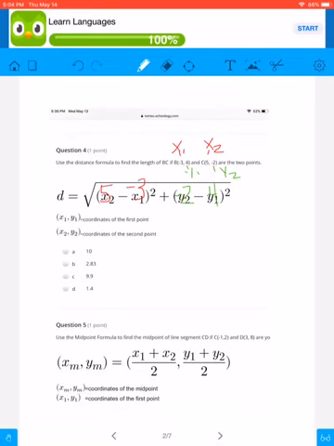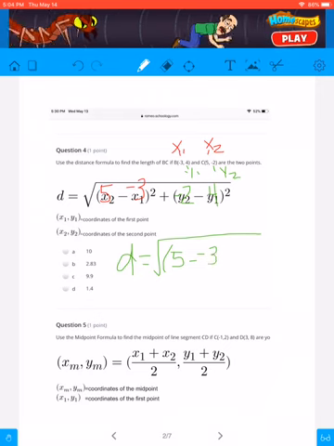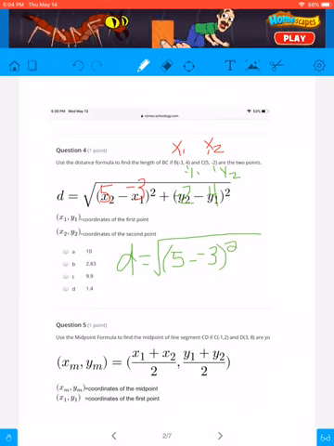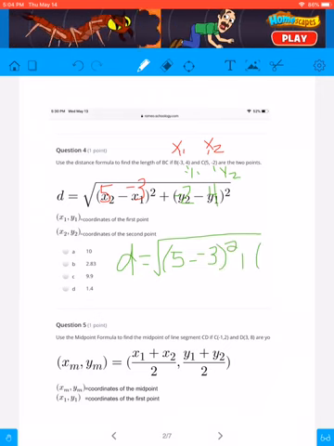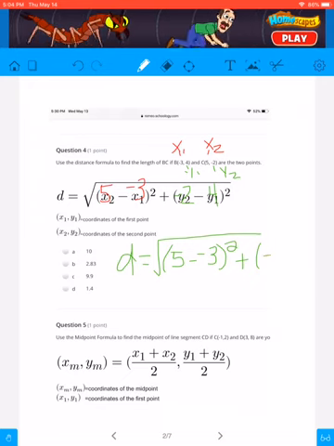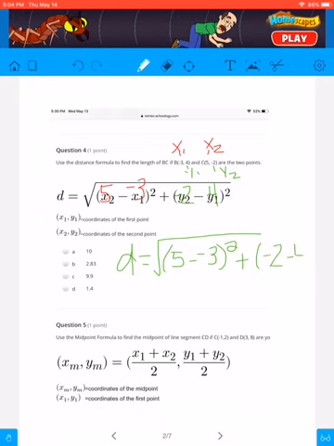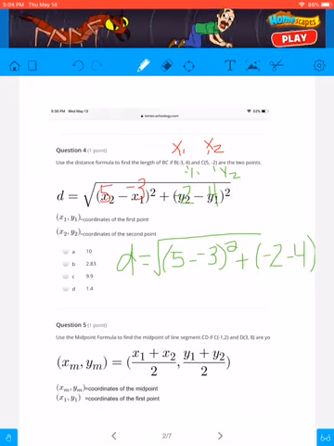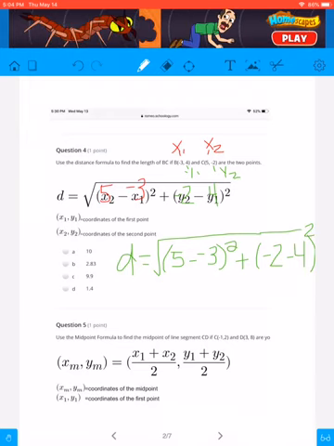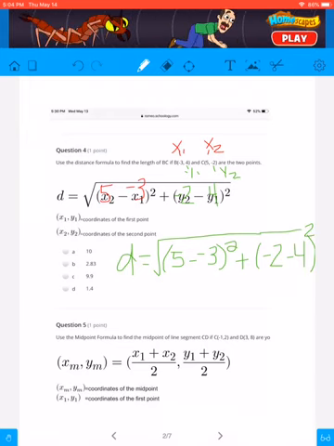So when you set this up, the distance would be the square root of 5 minus -3 squared plus -2 minus 4 squared. So you do parentheses first.